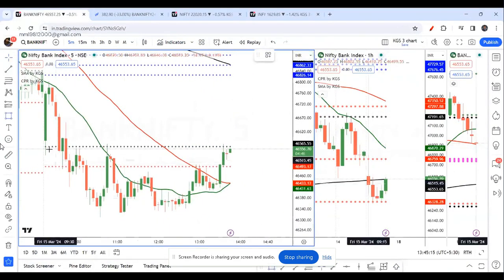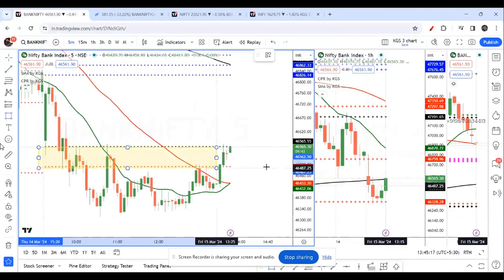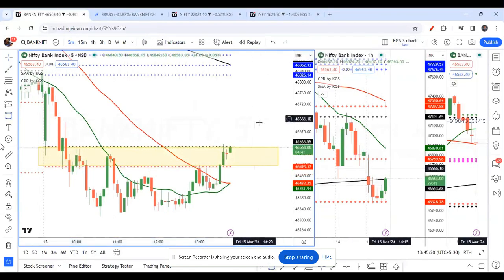Now the psychology will be 2050 S1 previous day low is giving support.